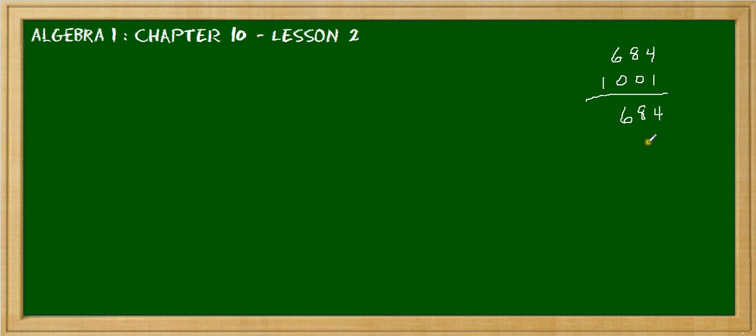Then this will be 0. Obviously 0, you put all three zeros because you're going to multiply all three digits of 684, and then you're going to have another set of zeros. And then you're going to have another 1. And what's going to happen is that you're going to get 684. You'll have 4, and you'll have 8, and you'll have 6, right? Because you're just multiplying this by 1, and you're multiplying this by 1.